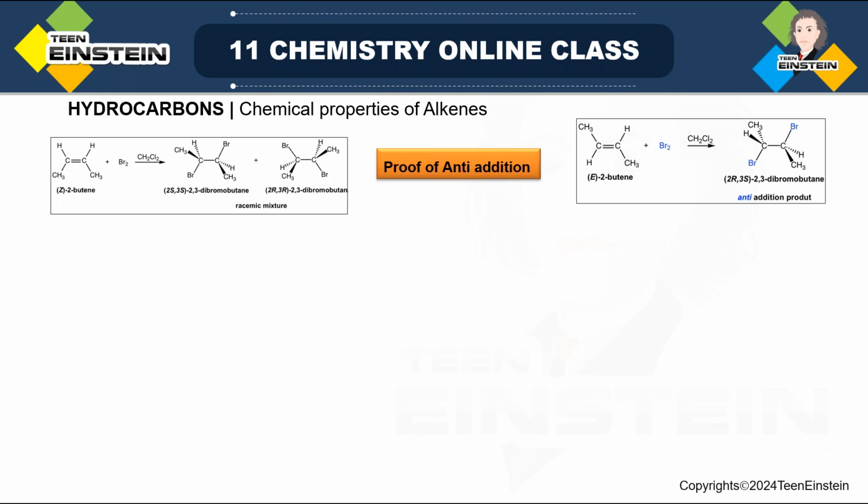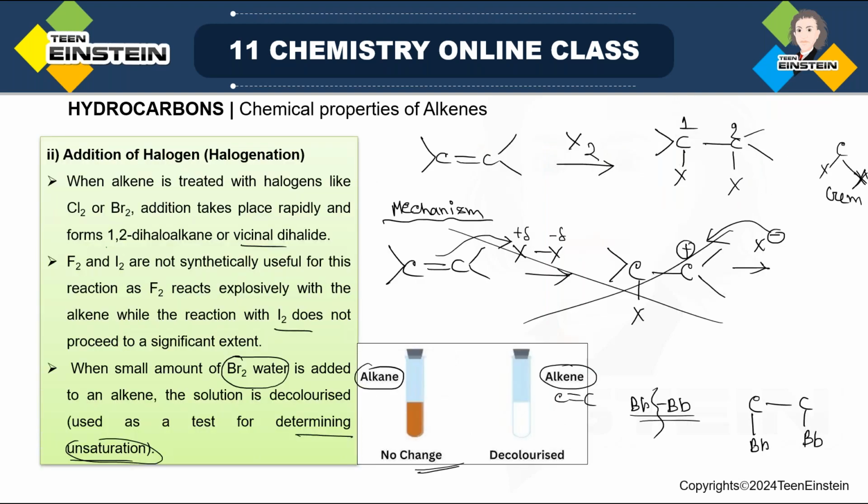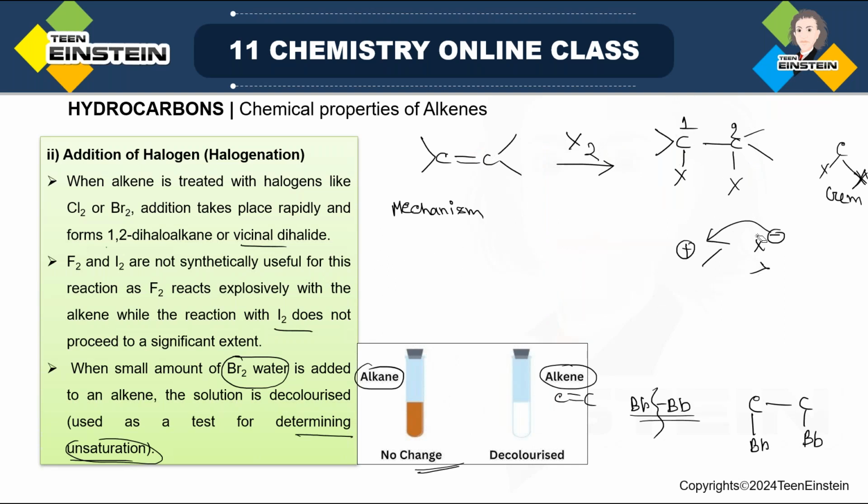So there is anti-addition, and we also have the proof for this anti-addition. Now what is this anti-addition and what is the proof? If we want to understand it, let me write the actual mechanism, because this is not the correct one. In the presence of this halogen, you can write the halogen like this.